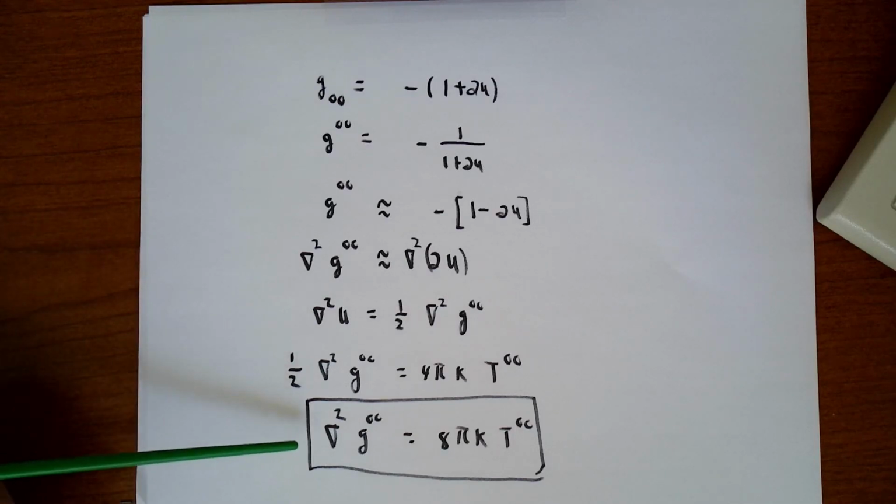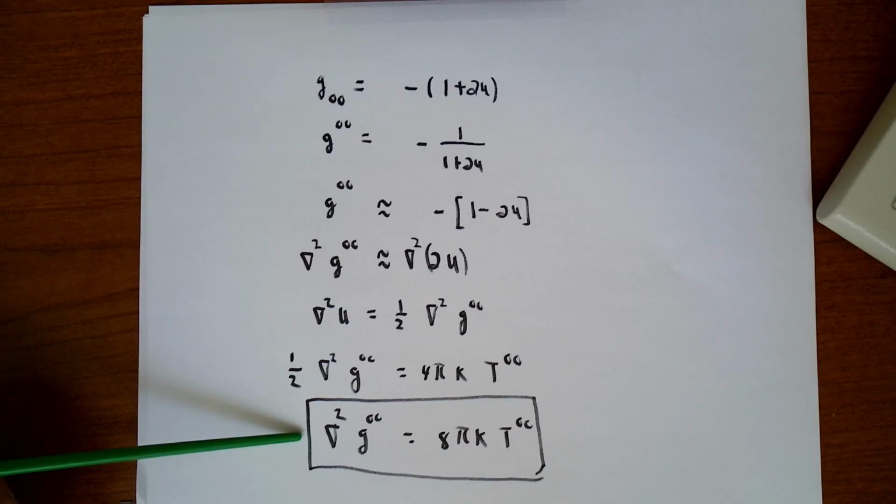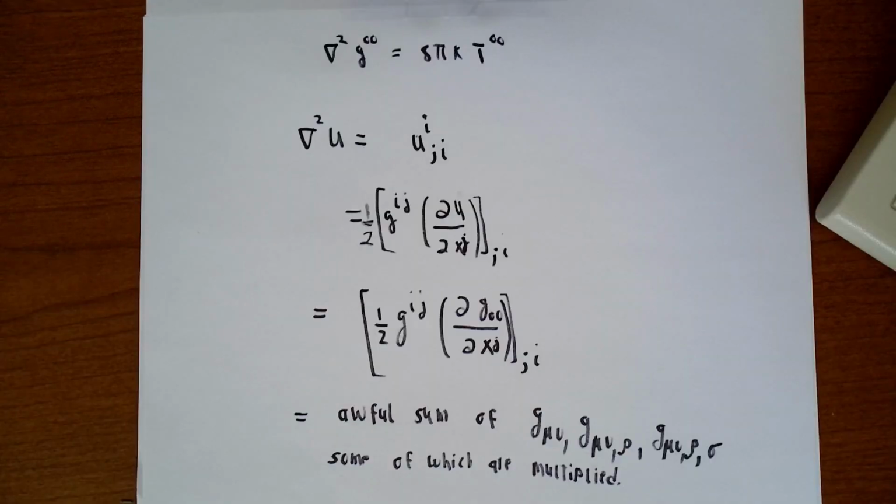My field equation turns back into Laplacian G00 upstairs equals 8 pi Newton's constant times the 0, component of the stress energy tensor.